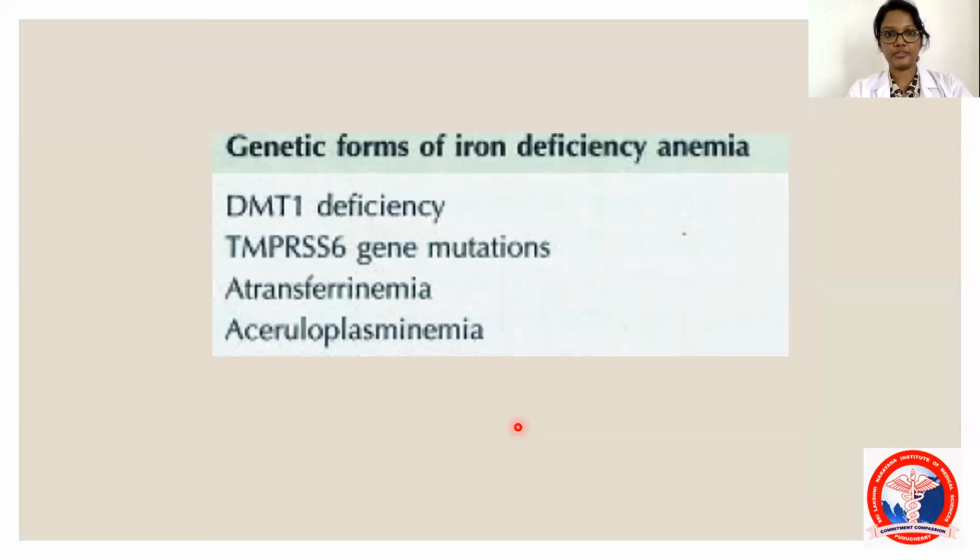Okay, so there are a few genetic forms of iron deficiency anemia. Just know the names of these. One is DMT1 deficiency. The others are TMPRSS6 gene mutation, atransferrinemia, and aceruloplasminemia.